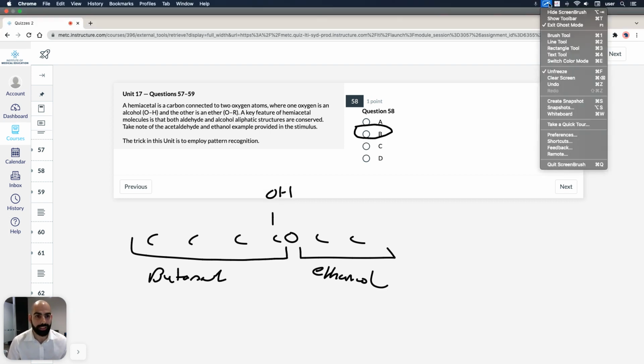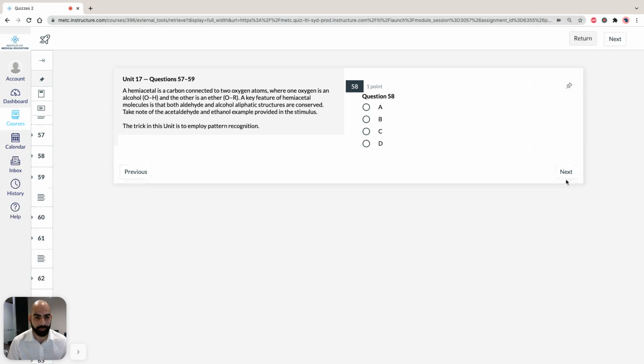Now the last question, 59, asks us to consider the 3 molecules and which contain the hemiacetal structure. For structure 1, we don't have the ether with the alcohol group on the same carbon.